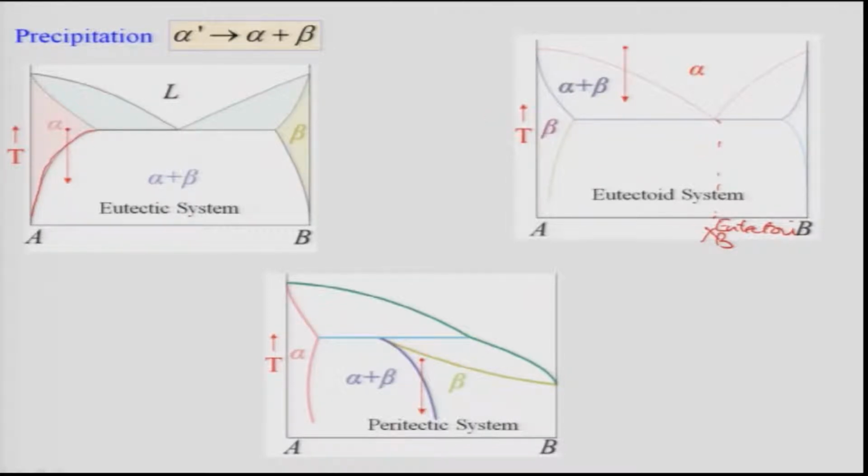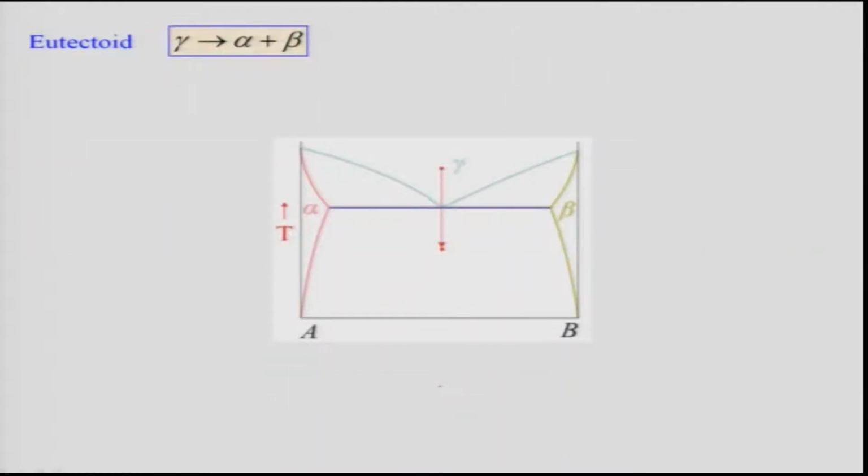Similarly, you can also have peritectic systems, in which this is beta, this is a peritectic isotherm Tp, and there is a peritectic reaction here, liquid plus alpha going to beta. So this beta phase, which is a single solid solution, can transform to alpha plus beta and lead to precipitation. So, this is possible.